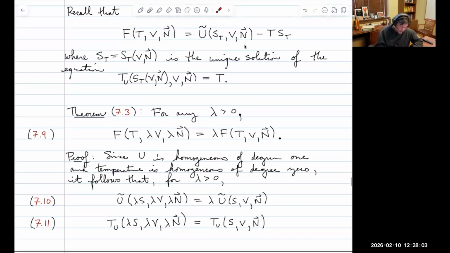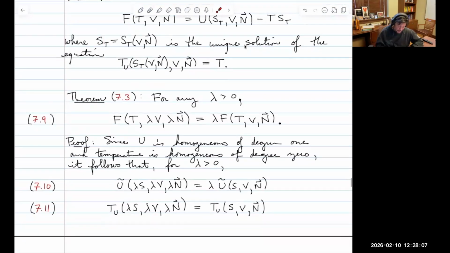So this is, of course, our definition. And what I'm trying to show with this theorem is that this F is kind of a weird function. It's not homogeneous of degree one in the same way that U is.